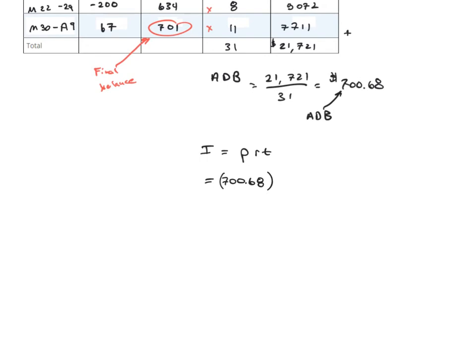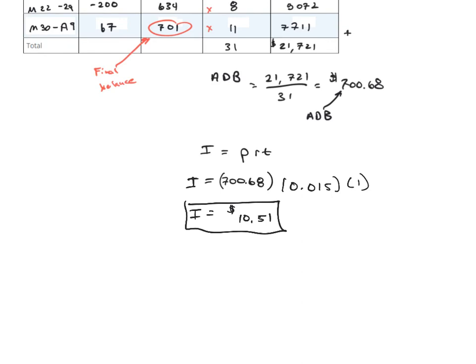So this is going to be 0.015. And then T here is always 1, standing for 1 month. I go ahead and put that into my calculator, round to the nearest cent. I'm getting $10.51. So that's the answer to the problem, $10.51.